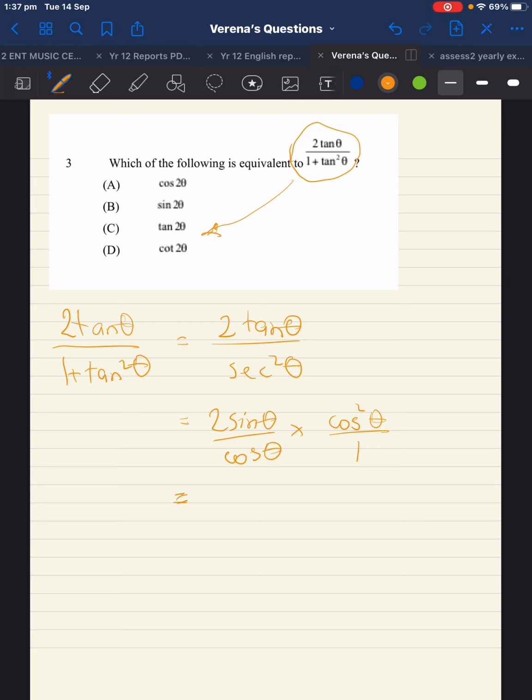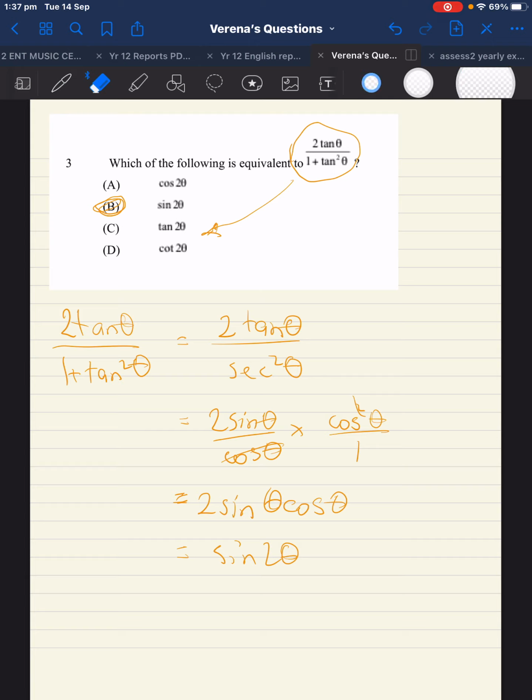Again, I'm just replacing sec with 1 over cos and then dividing the fractions just like I would in year 7. And of course, the coses will cancel, giving us 2 sine theta cos theta, which funnily enough actually ends up being the double angle result for sine. So the correct answer is B.